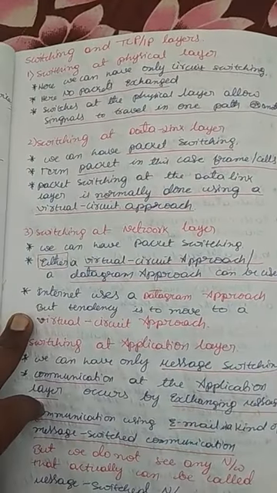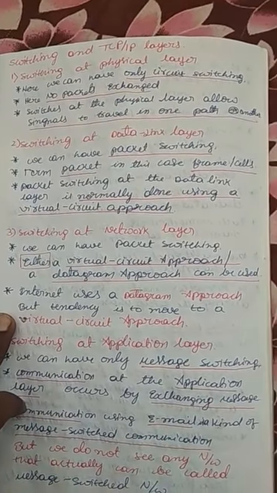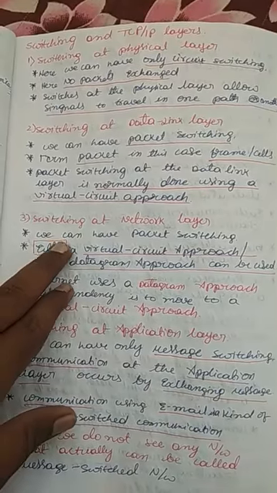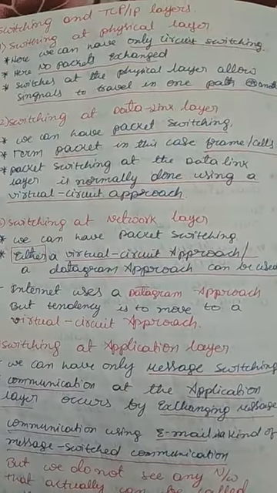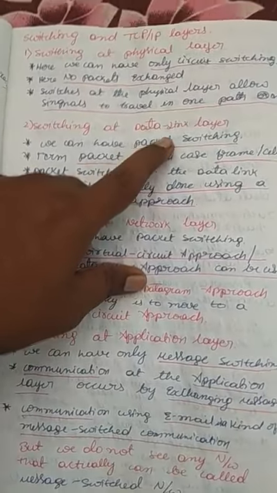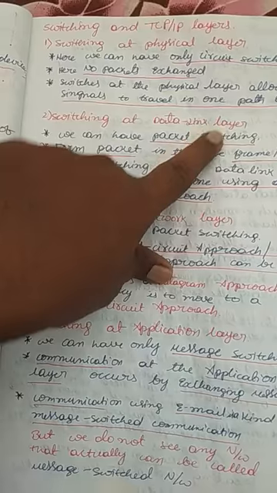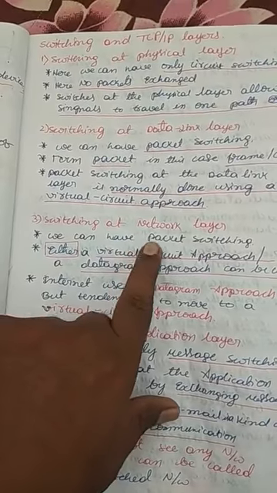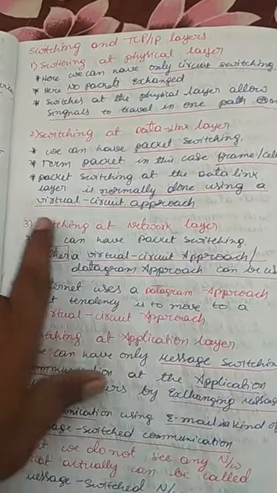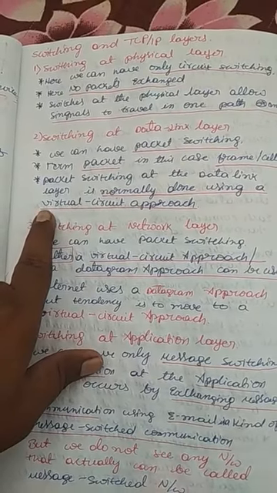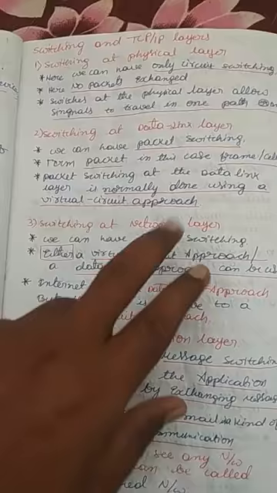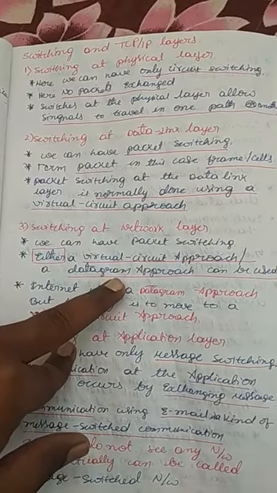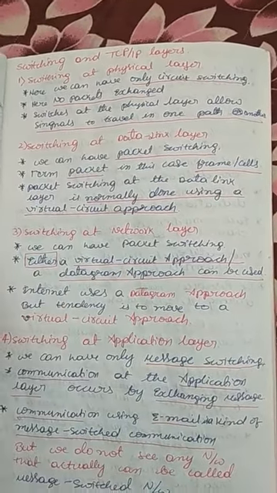Next is switching at the network layer. Here also we have packet switching, as in the data link layer. Either the virtual circuit approach or the datagram approach can be used.